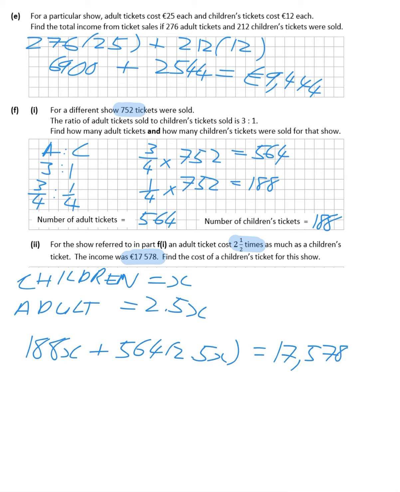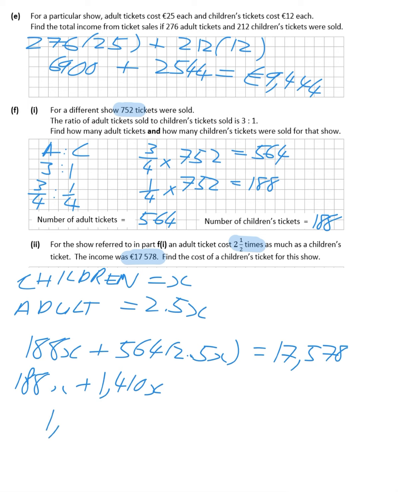Okay, so let's work this out now. So 188x, so doing 564 times 2.5, that'll be 1,410x. Okay, so let's add those together. So 188x plus 1,410x.